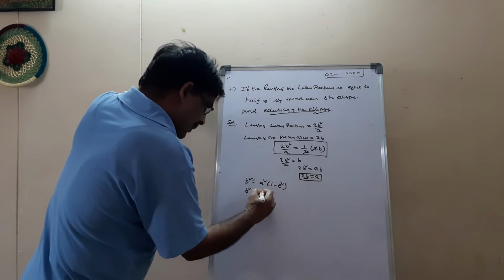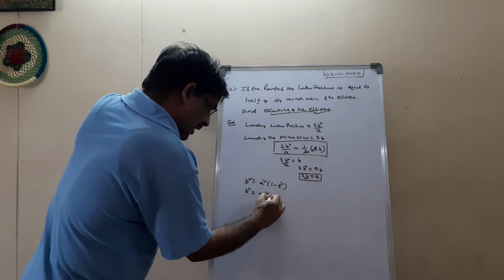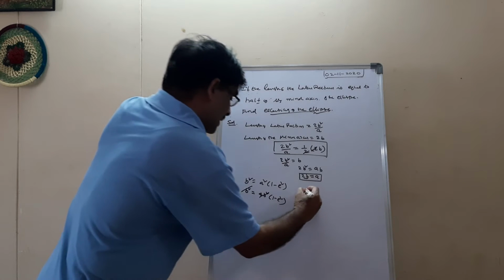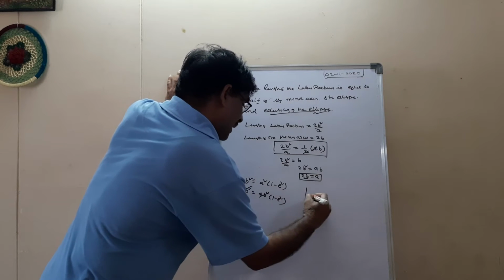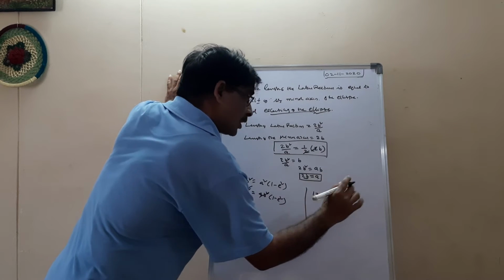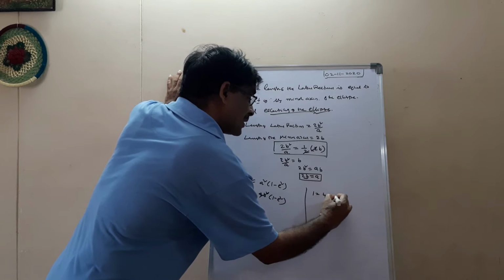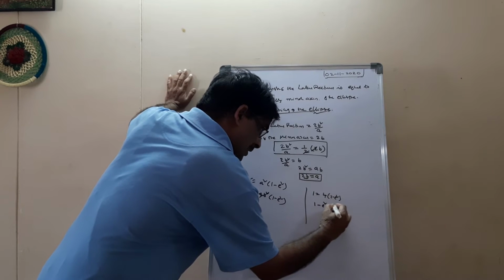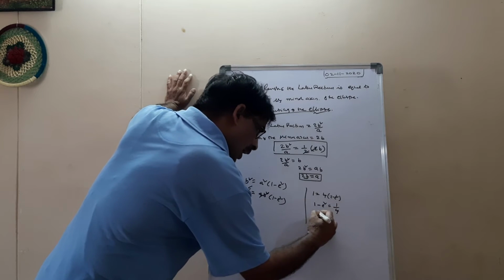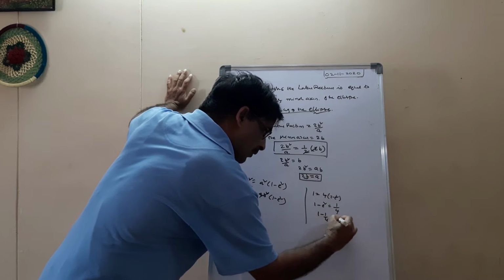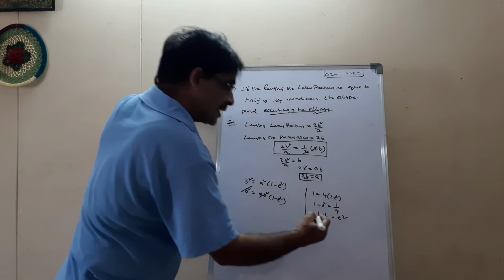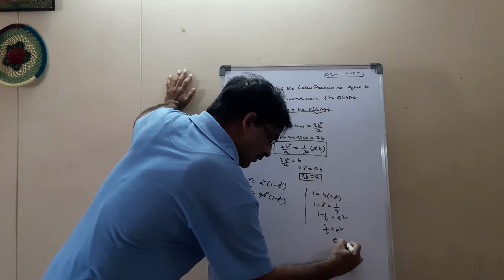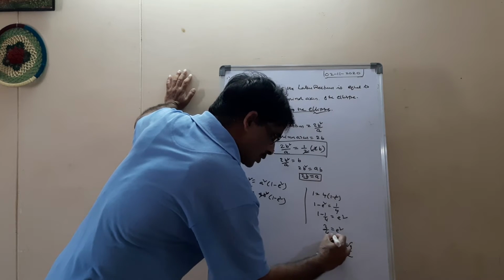Substitute here. 2b means 4b square into 1 minus e square. b square cancelled here. So 1 equal to 4 into 1 minus e square, or 1 minus e square equal to 1 by 4, or 1 minus 1 by 4 equal to e square. Take LCM. This is 3 by 4 equal to e square, or e equal to root 3 by 2.